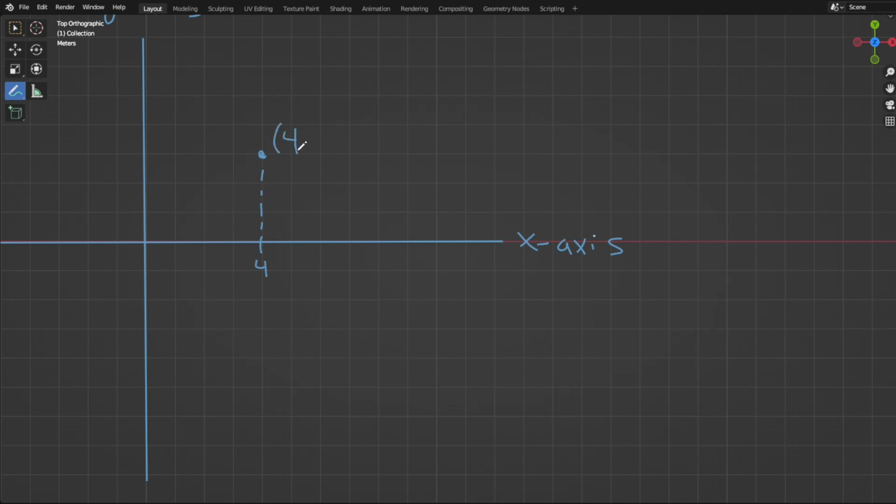So this will be 4, and then this one will be at 3. So you're given a point in space, 4 and 3. It has a distance. Let's call this distance the radius, r. We know what r is in this case. It's 5.